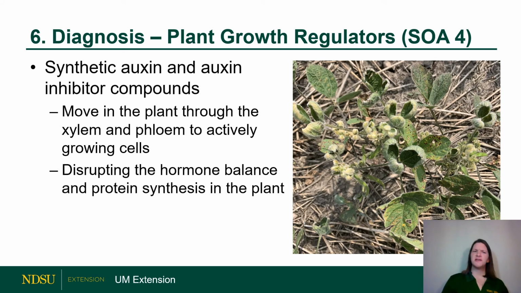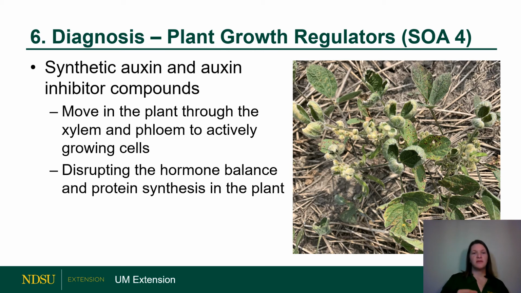To understand a little more about plant growth regulators, again, their site of action is number 4. They are synthetic auxin or auxin inhibitor compounds, and they are mobile in the plant, moving through the xylem and the phloem. They move to the actively growing areas, where cells are dividing.